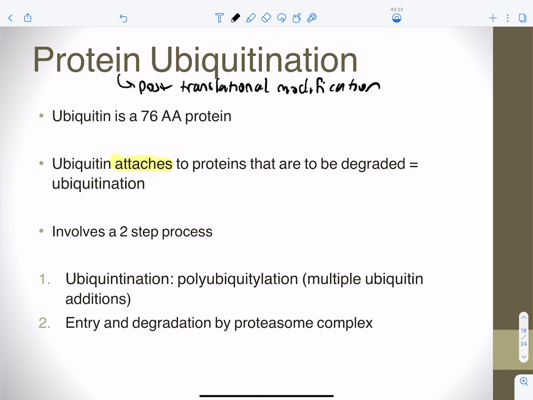And it was originally identified as being what is necessary to target a protein to the proteasome. The proteasome is a complex that is in the cytosol, and it has a sedimentation coefficient of 26S.